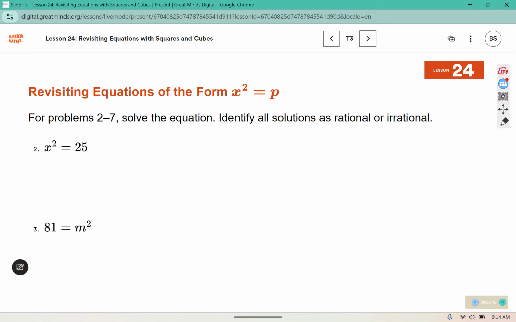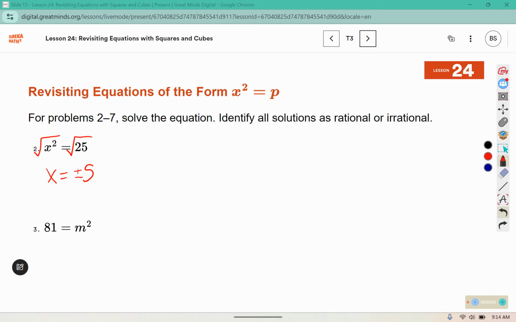For problems 2 through 7, solve the equation. Identify all solutions as rational or irrational. So to undo a square, we use a square root. X can be positive 5, or it can be negative 5.